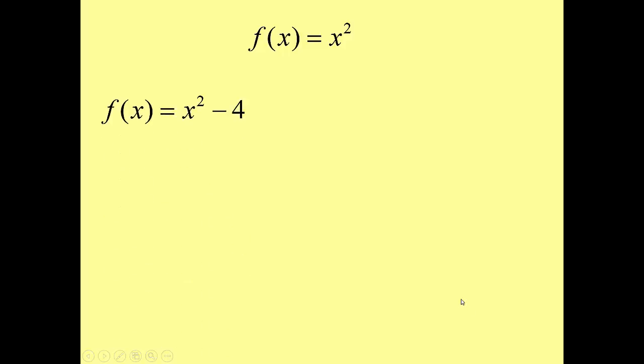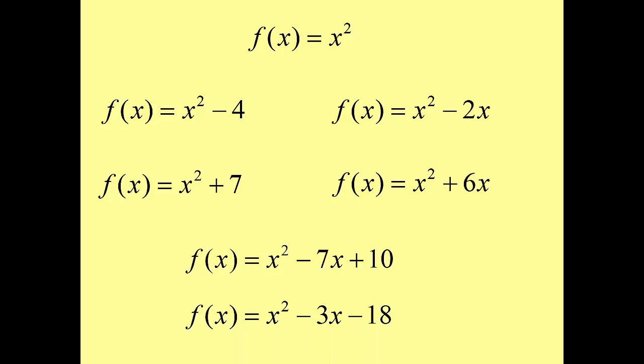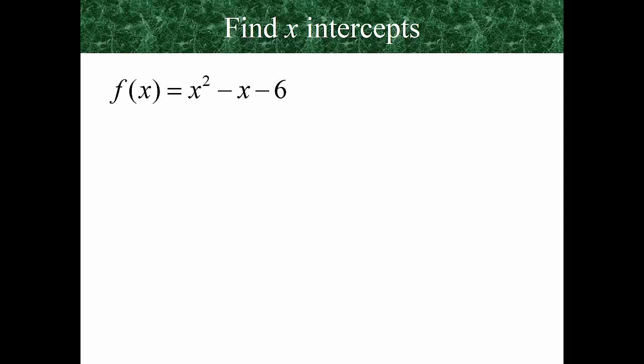You can have numbers along with the x squared. You can have more x's along with the x squared. You can have x's and numbers along with the x squared, but to be a quadratic, you've got to have an x squared. We want to look at some of the other detailed information that we're asked concerning quadratic functions.